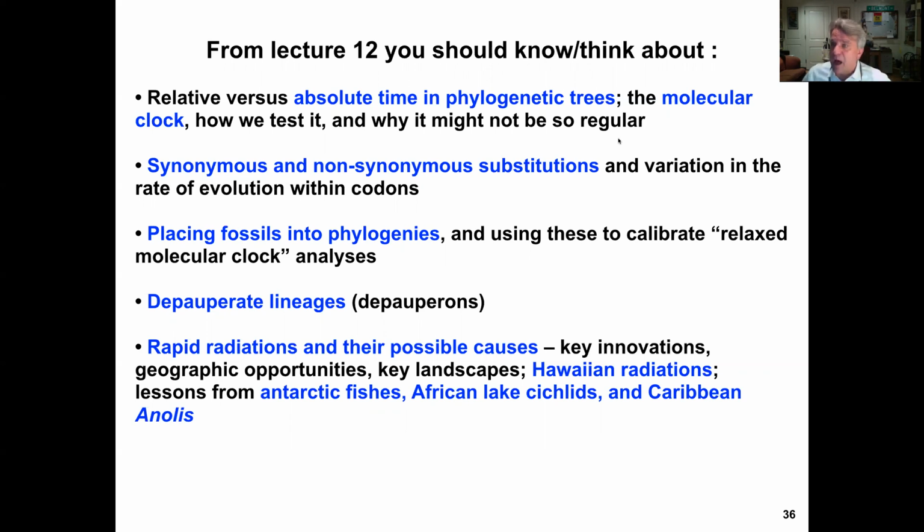You should be thinking about why evolution produces lineages that we call depauperons, that they're depauperate lineages. And you should think about rapid radiations and their possible causes that include key innovations, geographic opportunities, key landscapes. And we could think about, sorry, we didn't talk about Hawaiian radiations, ignore that. We talked about Antarctic fishes, African rift lake cichlids, and Caribbean anoles.